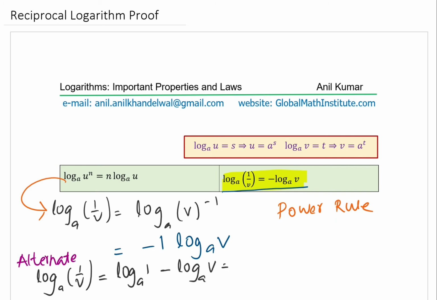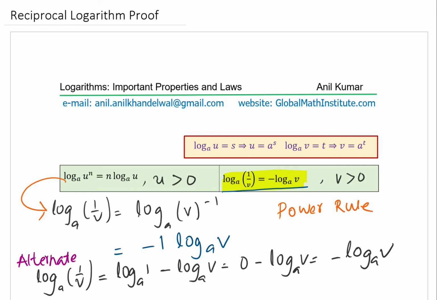Now log of 1 is 0. So we get 0 minus log to the base a of v, and that gives you minus log to the base a of v. And remember, in this, v has to be greater than 0. In the other one, the value of u should be greater than 0. Perfect. So there are two different ways of proving this particular identity.